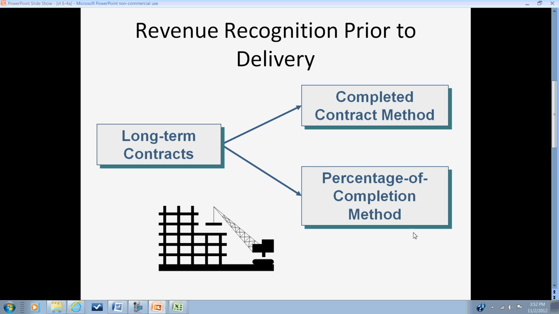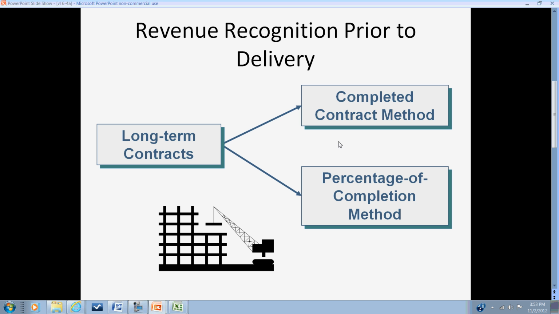We're going to focus in on the percentage of completion. But the completed contract method is very straightforward. As a construction project is ongoing, all costs related to that project for labor, material, subcontracting go into an asset account. All billings, of course, are going to be increasing our accounts receivable, and any cash collections will reduce the receivable.